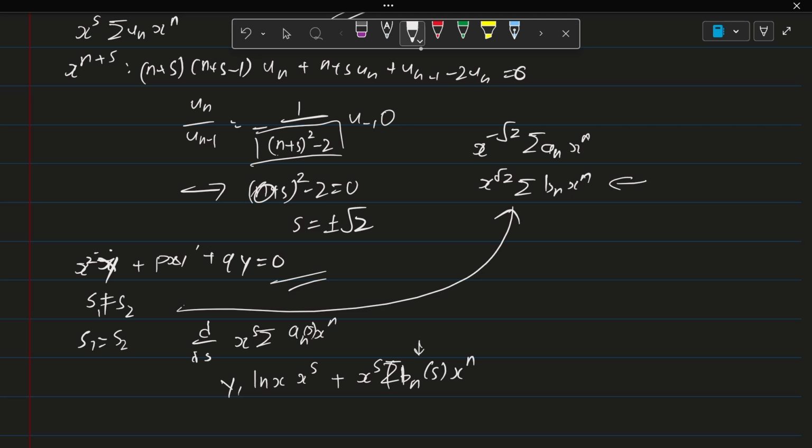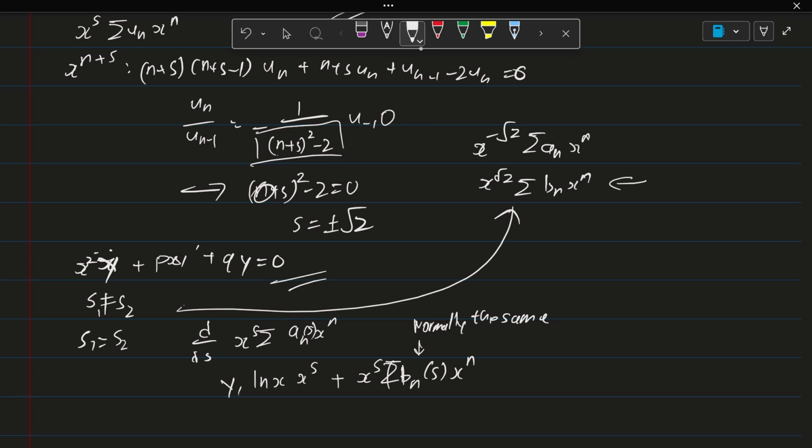Normally this b_n is the same as a_n, but it could be different. There are some examples where b_n is the same as a_n, but it could be different, which is why we have different notations for a_n and b_n. You could solve for the b_n by putting this theoretical solution back into your differential equation to solve for each of the b_n's.